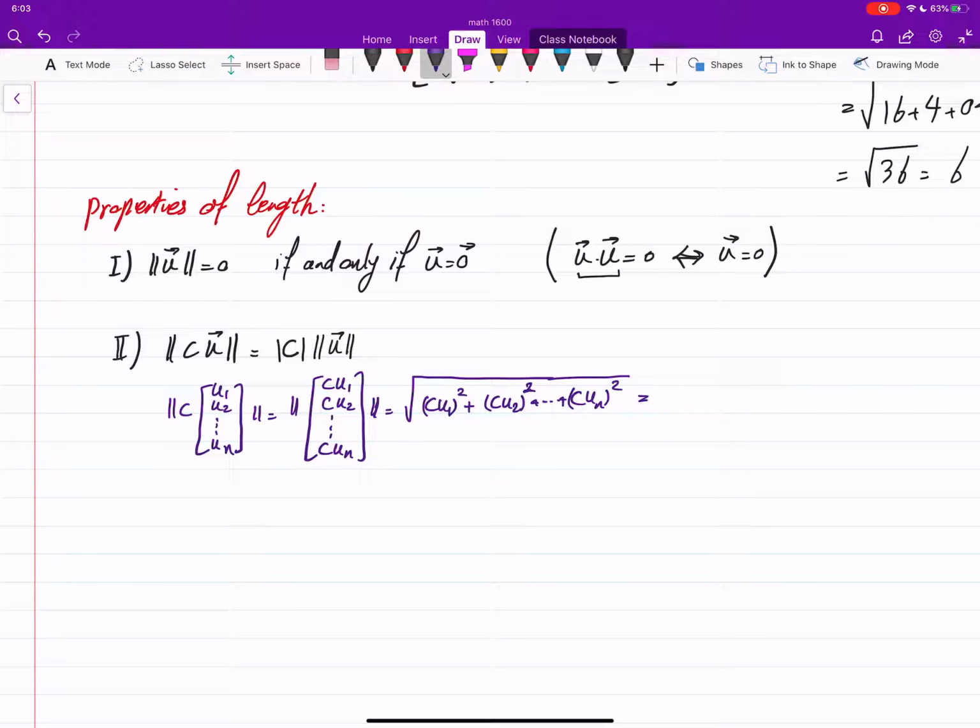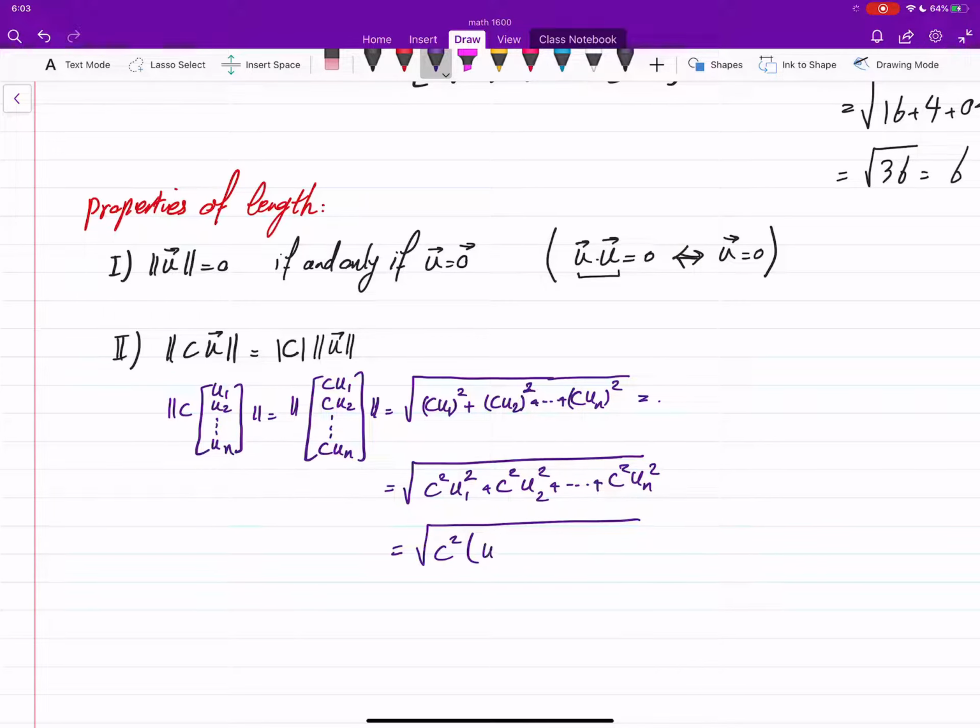When we do this, what we notice is that each one of these, we can write c squared: that component is squared, c squared, and so on. We can factor out c squared now, so this is u1 squared, u2 squared, up to un squared.